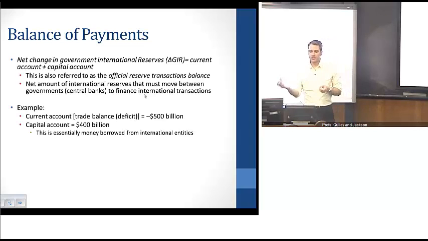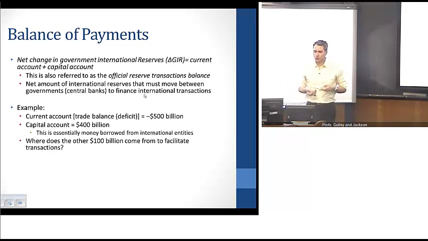And so to give you a simple example, if we had the current account at minus 500 billion, so again, you can think of this as the trade deficit equal to 500 billion. If the capital account is 400 billion, then again, the idea is that we borrow 400 billion from capital markets and international markets. So where does the shortfall come from?